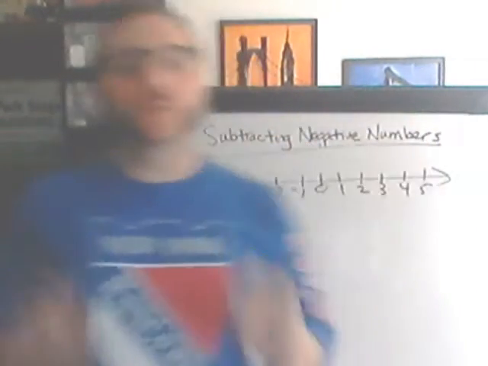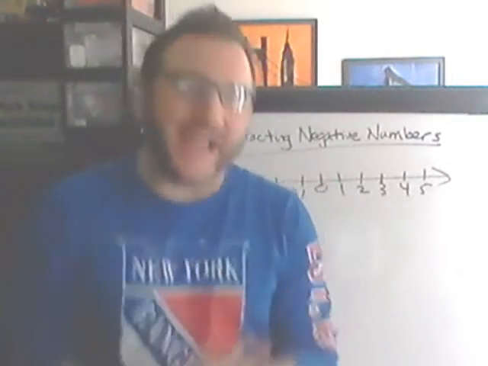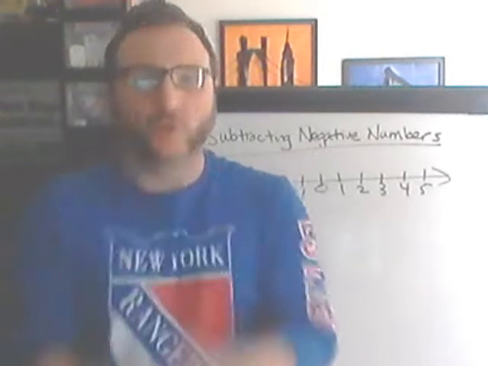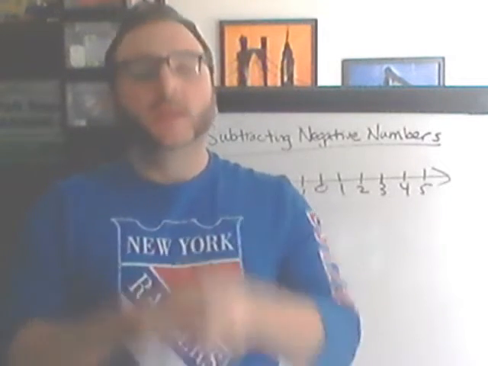Okay? The most accurate number line, and I know you've seen a bunch of number lines before in your school careers, but the most accurate number line showing every single number, the positives and the negatives, would have a 0 smack dab in the middle. Yes, the 0 would be in the middle of that number line.